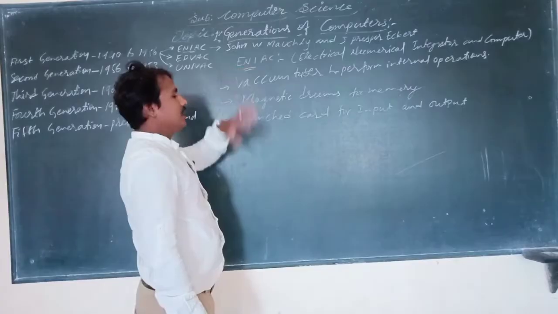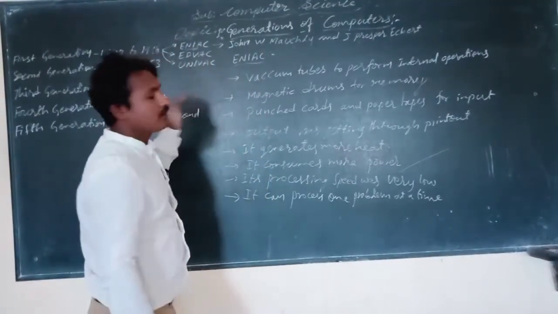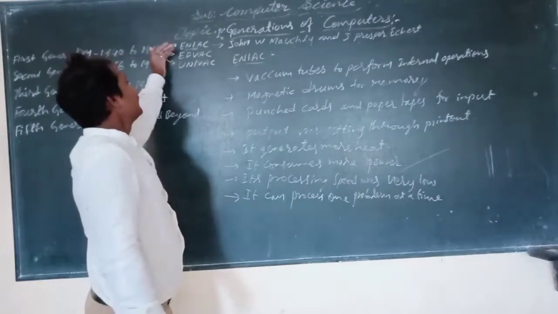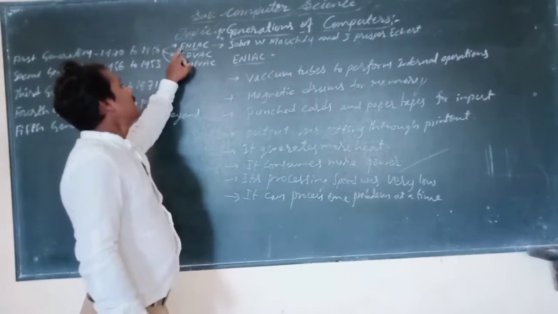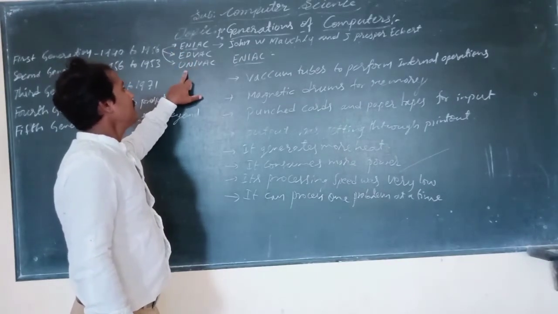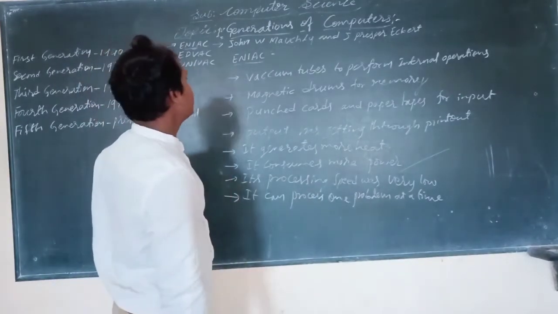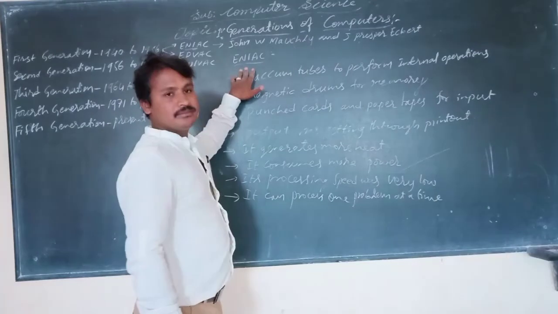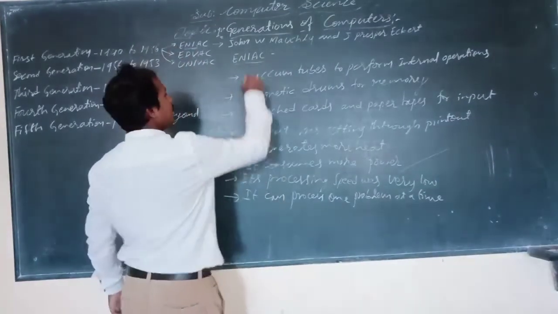In first generation computers, we are going to study 3 computers: ENIAC, EDVAC and UNIVAC. Among those, the first one is ENIAC. This expansion form is very important.